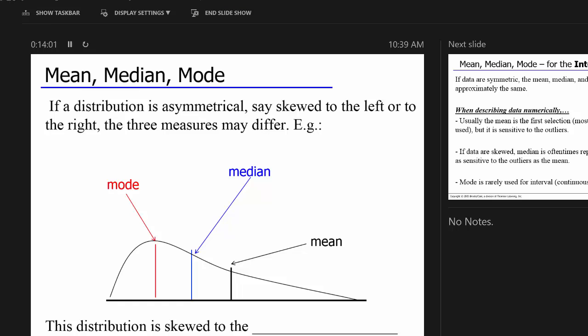So first you have the mode, that's the peak, okay? Then your median goes next, and then your mean, right? So mean is here because I think of mean as the center of gravity, quite honestly. You add all these numbers and you divide by the number of observations. That's how physicists find the center of gravity, right?